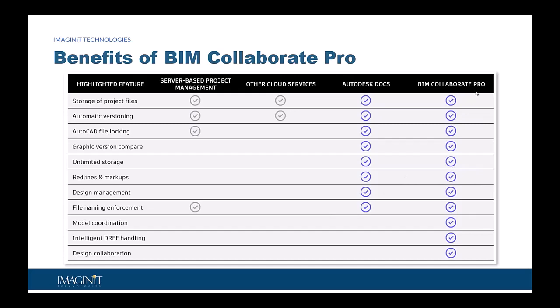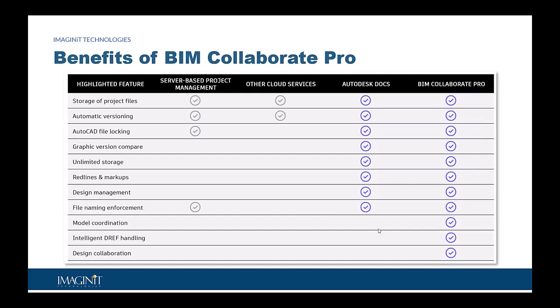And then when you look at Pro, these are some key additional pieces of information that's needed from a design perspective or authoring. So you're able to come in there and start looking at model coordination, and when you look at Civil 3D, the DREFs, right? So data shortcuts. We'll take a look at that today and see how that works, where you can manage your data shortcuts up in the cloud.